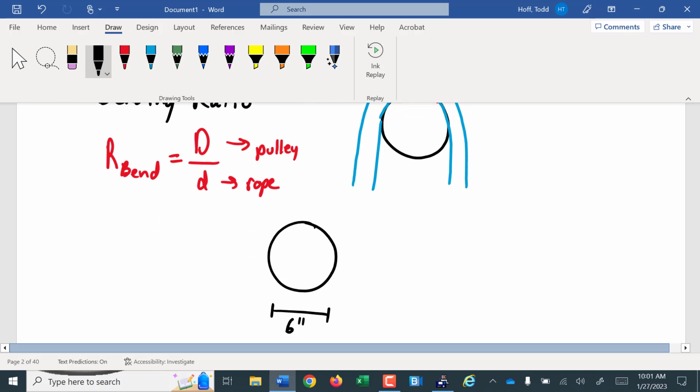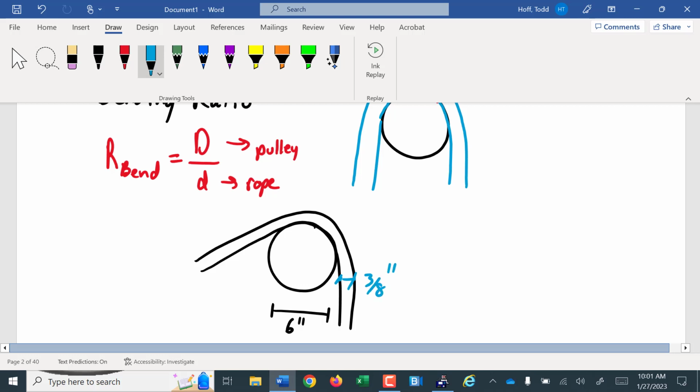So let's say I have a 6-inch diameter pulley, and we'll go with a 3/8 inch diameter rope. Our bending ratio, what's going to go on top? 6 inch, and on bottom, 3/8.